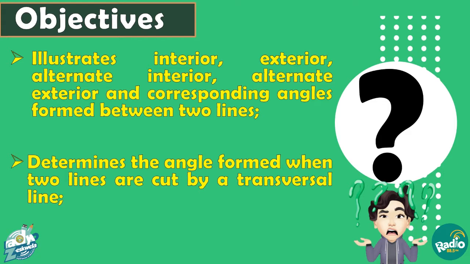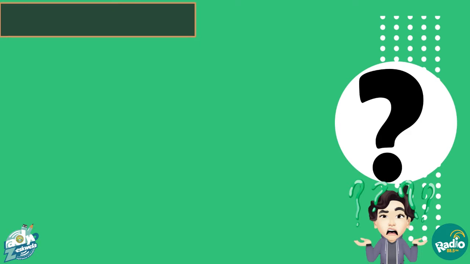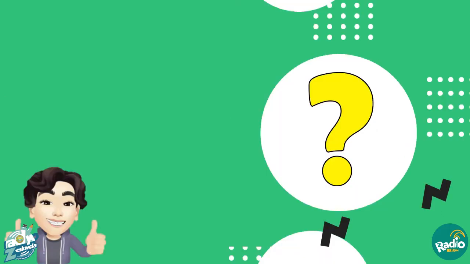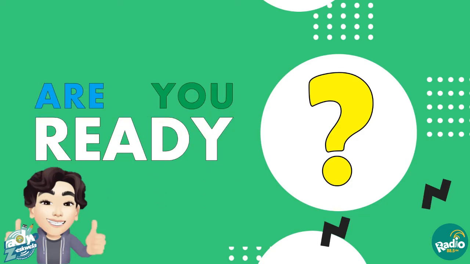Next, you will also determine the angle formed when two lines are cut by a transversal line. You will identify the angles formed between two lines, and lastly, determine the relationship of the angles formed by parallel lines cut by a transversal. Now, are you ready, students? Great!